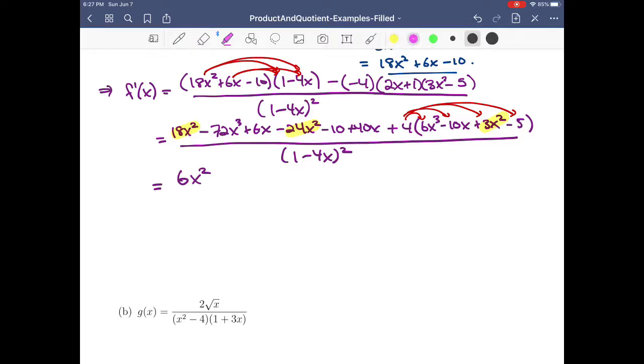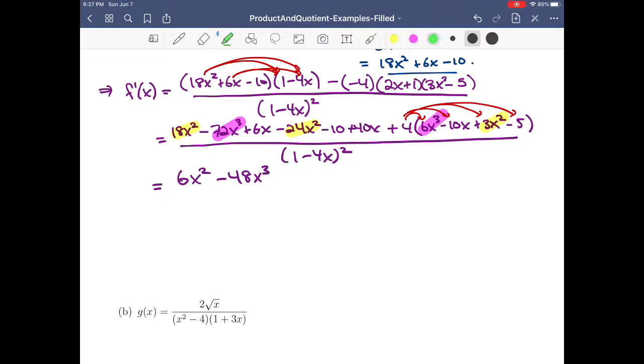I see an x cubed here and an x cubed here. So there's 72, negative 72 plus 24, so that's going to be negative 48x cubed.